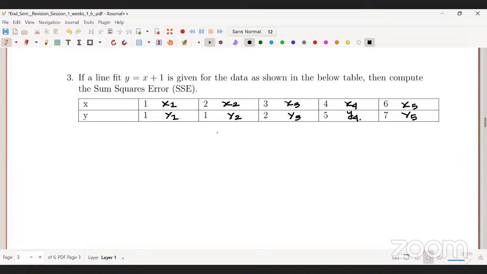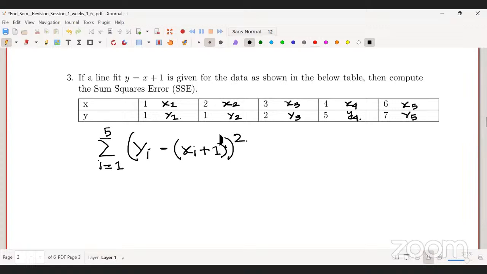So the SSE is basically what? I have precisely 5 points. So the SSE is the sum of (yi minus (xi plus 1)) whole square, where i varies over 1 to 5.